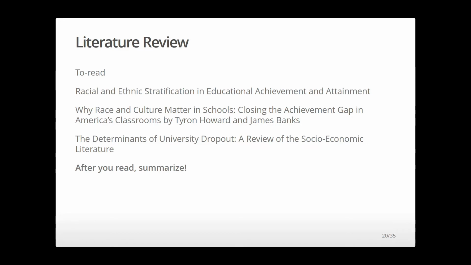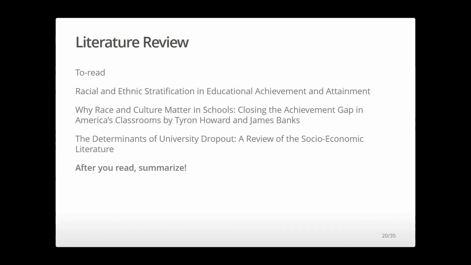We probably won't find another comprehensive review article, but that's fine. The core theoretical approaches usually don't change that much over 10 or 20 years. Let's also put "The Determinants of University Dropout: A Review of the Socioeconomic Literature" in our to-read pile.